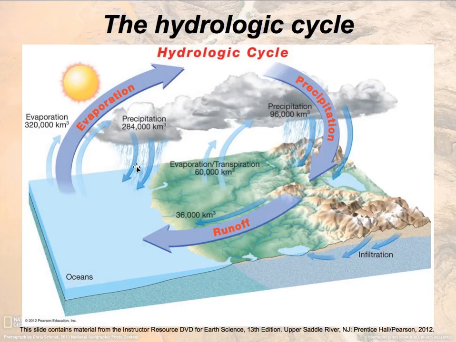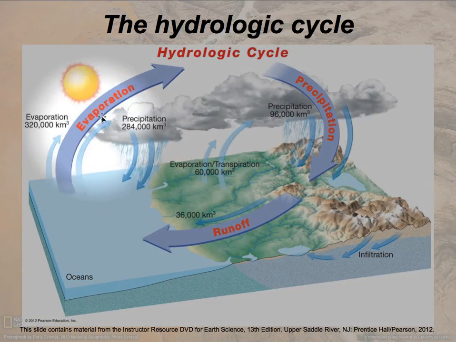What's interesting about this graphic is that it actually shows magnitudes, or the amount of water that is moving from one regime to another. Evaporation from ocean to atmosphere is roughly 320,000 cubic kilometers of water. That's a lot of water. It does not give a time scale, however, which is a poor aspect of this graphic.